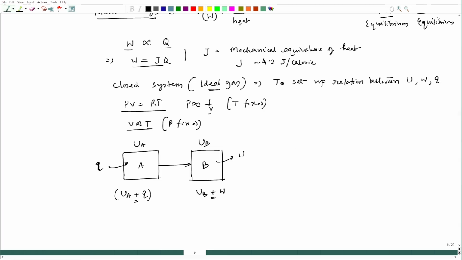So the concept we follow is: Q is positive when heat is absorbed by the system. Q becomes negative when heat is released by the system.